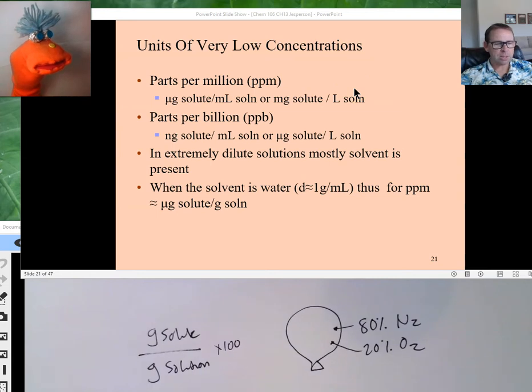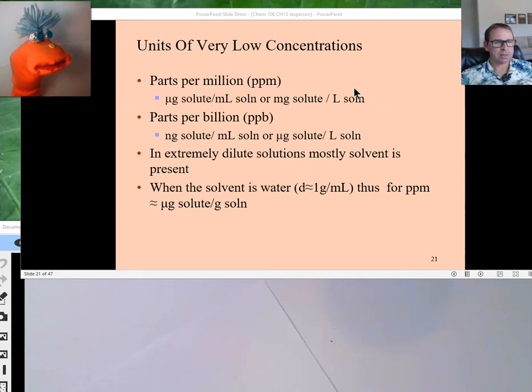I think that the easiest way to think about parts per million is milligrams of solute per liter of solution, as stated here, which is the same as micrograms per milliliter. All right. Now, let me try to give you a quick explanation. It's not always quick. It sometimes takes a while. But if you can't follow this explanation, just go with the milligrams of solute per liter of solution.